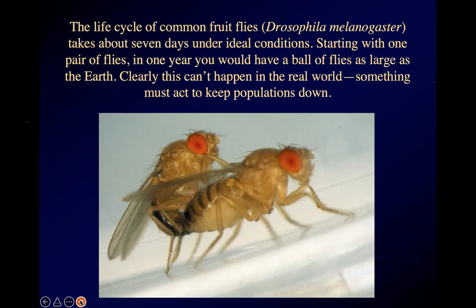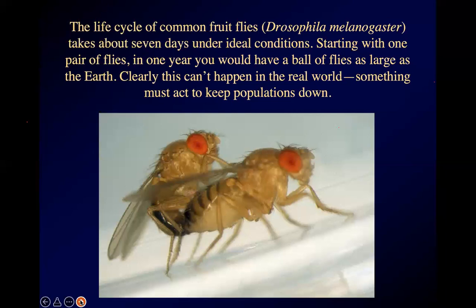Under perfect conditions where the flies have just the right temperature, plenty of water, lots of nutritious overripe bananas to feed on, everything that they need, the life cycle actually takes about 7 days. 7 days from a female laying eggs to those eggs hatching, maturing, going through a maggot stage, and then emerging, and then mating with each other and laying eggs.